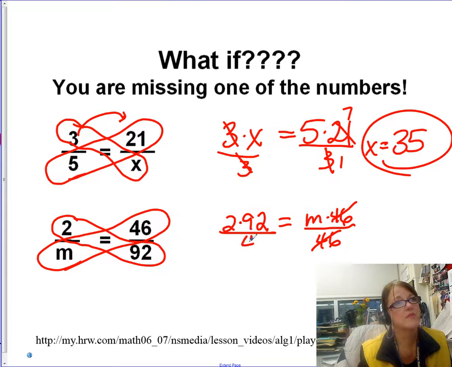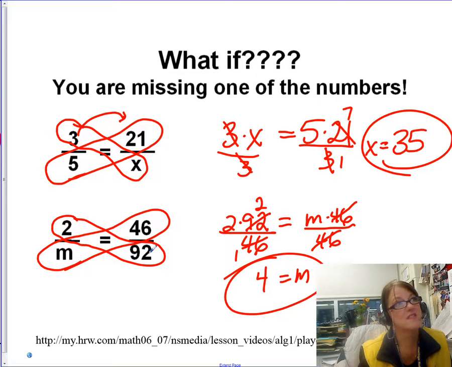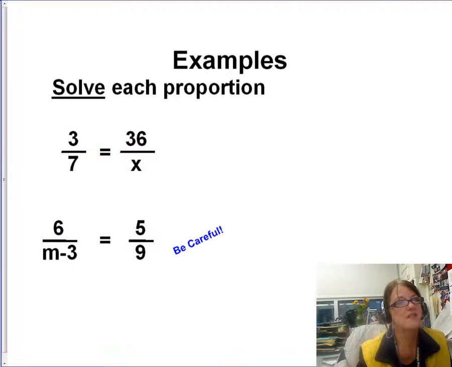Divide both sides by 46. In case you happen to notice, 46 is exactly half of 92, which means you should get exactly 4 for your answer, because these fractions are actually 1/2 in disguise.